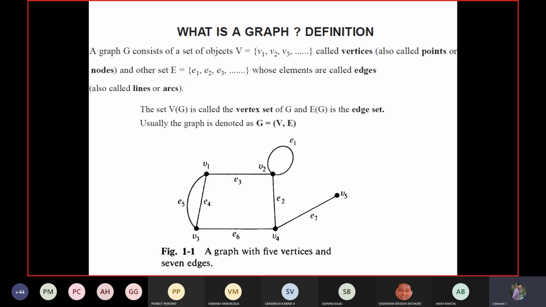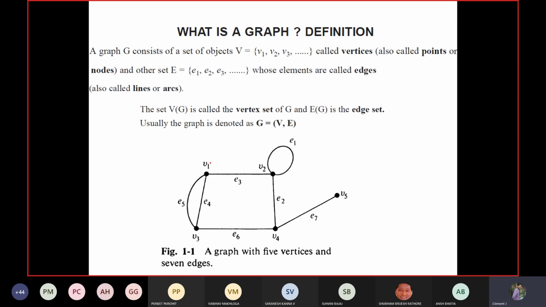First, we need to understand what a graph is. A graph is nothing but a collection of nodes and edges.